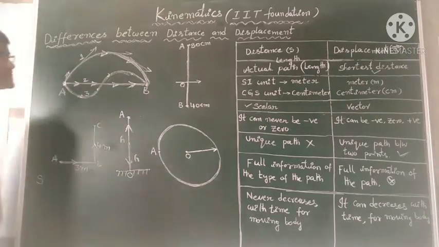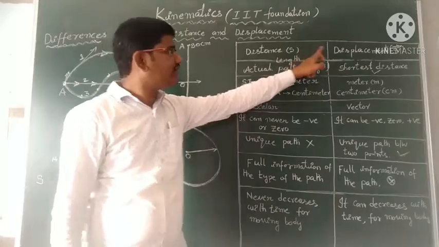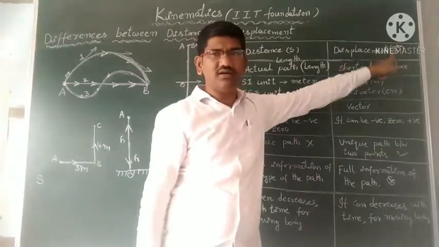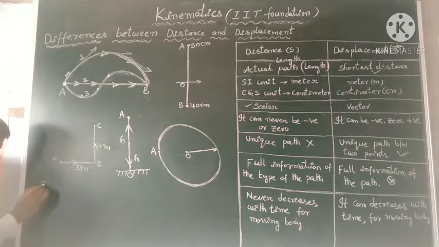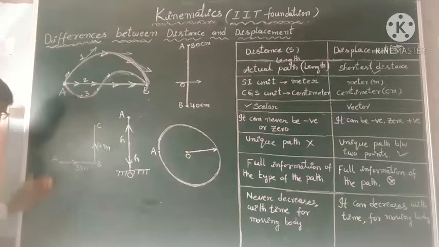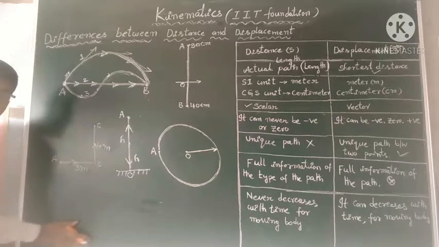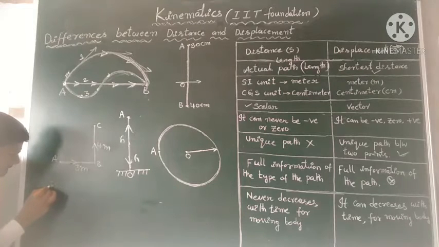For the distance I am using the letter S, and for the displacement I am using the letter S bar. I want to write what is the distance and what is the displacement.